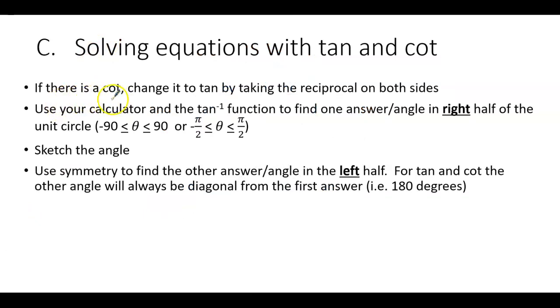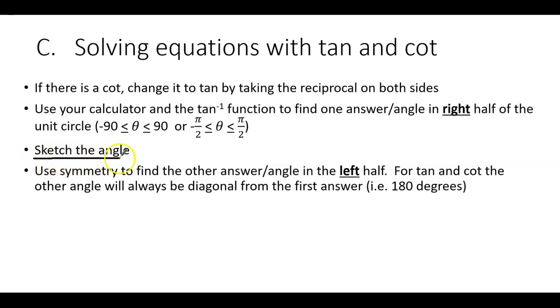All right, if there is a cotangent, we're going to change it to tangent. Then we're going to use our calculator using the arctangent function to find one answer, and once again, that'll be on the right half of our circle. Now, just so you guys know, tangent is like sine and cosecant, where if it gives you an answer from the bottom right half, it's going to give you the negative version of that, and so we'll have to add 360 to it to make it the positive version. Okay.